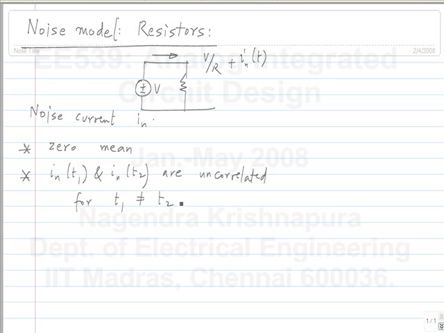So this implies that it has a uniform or white spectral density. And the level of spectral density of the current is 4kT divided by R, where k is the Boltzmann's constant and T is the absolute temperature.